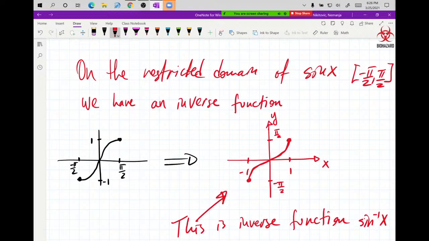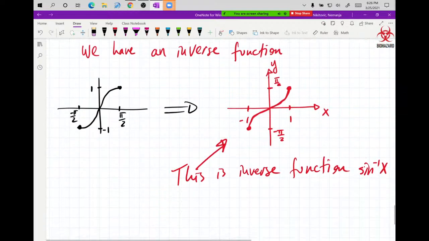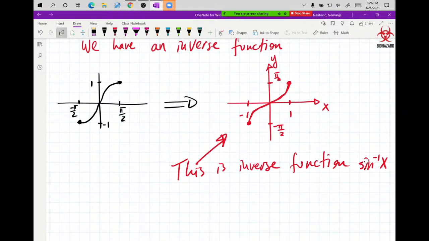If you put more into your sine function, that will add more onto the inverse and it will ruin the function. It will not be a function any longer. So that's why it's important. Okay. Now we do that for all six.